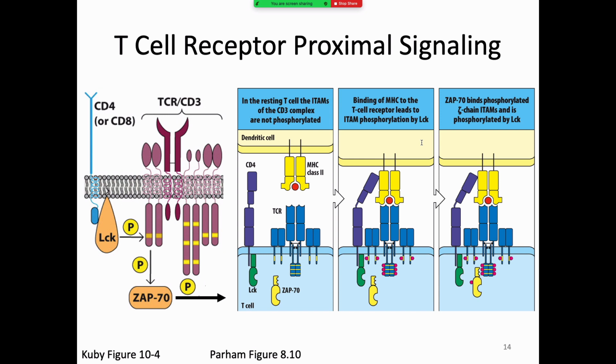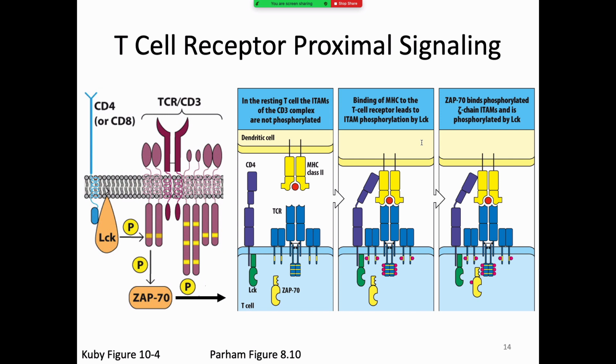ZAP70 is an enzyme, and it has a specific enzymatic function. ZAP70's enzymatic function is that it is a kinase. So ZAP70 can do more phosphorylation when it comes by. We don't need to worry about exactly who or what ZAP70 is phosphorylating.